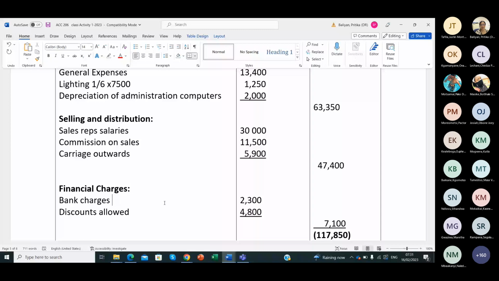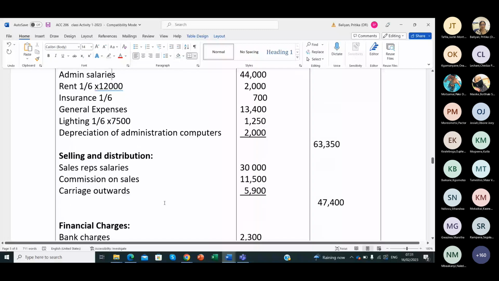Have you noticed that among these expenses we did not record the depreciation on productive machinery? Why didn't we calculate the depreciation on productive machinery here?